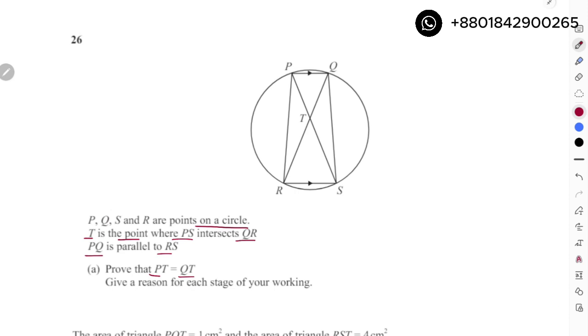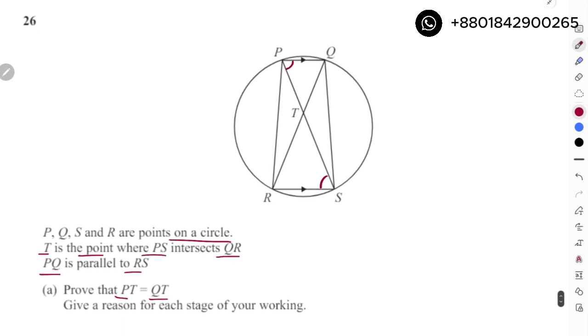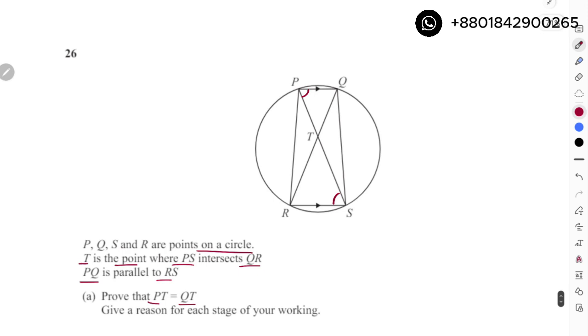Now in this case, we want to understand that this angle and this angle are similar because of the alternate segment theorem. If they are equal, then I can say that angle QPS and PSR are equal, right?